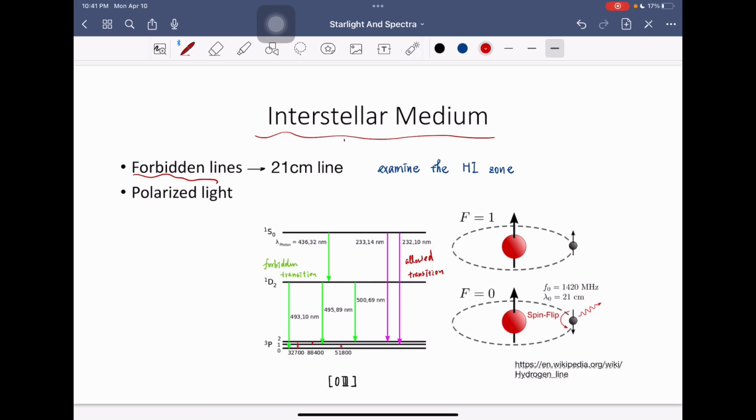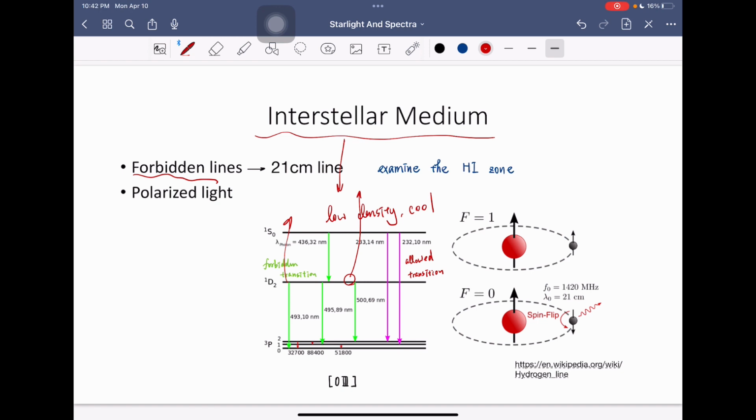But the interstellar medium is low in density and cool enough, so they won't collide that often to excite the electron in the not that stable level. And also, there is not enough energy to excite the electrons away from that unstable level.